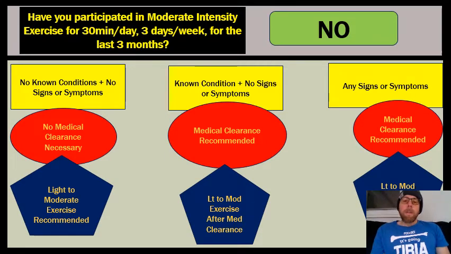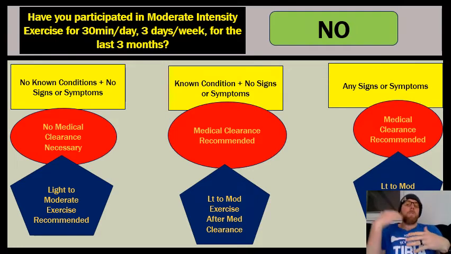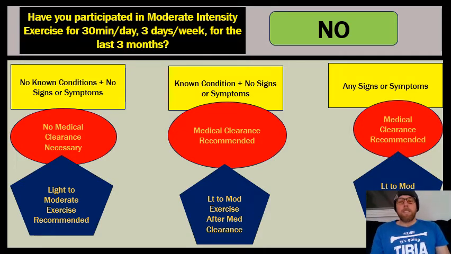And we're assuming in these instances, even if they haven't been doing exercise, we're just adding on little by little. We're not just throwing them into vigorous intensity exercise. If you have someone who hasn't currently been exercising, and they have any signs or symptoms, now this is where it's different from the last slide.